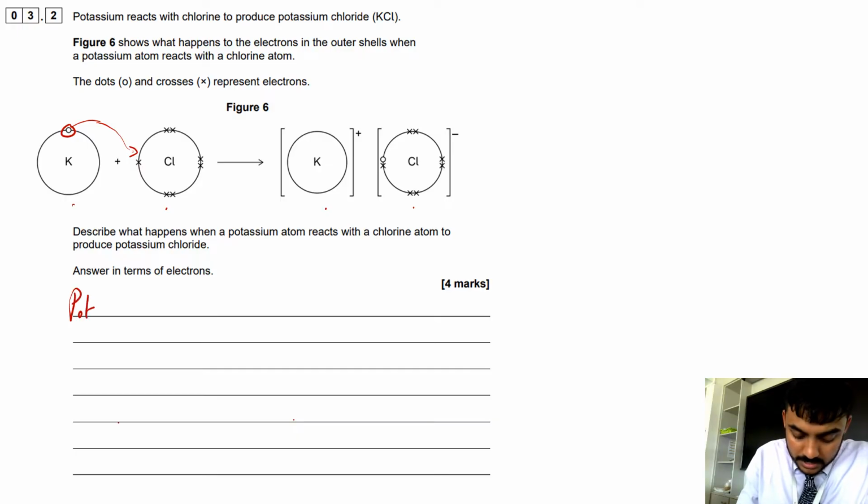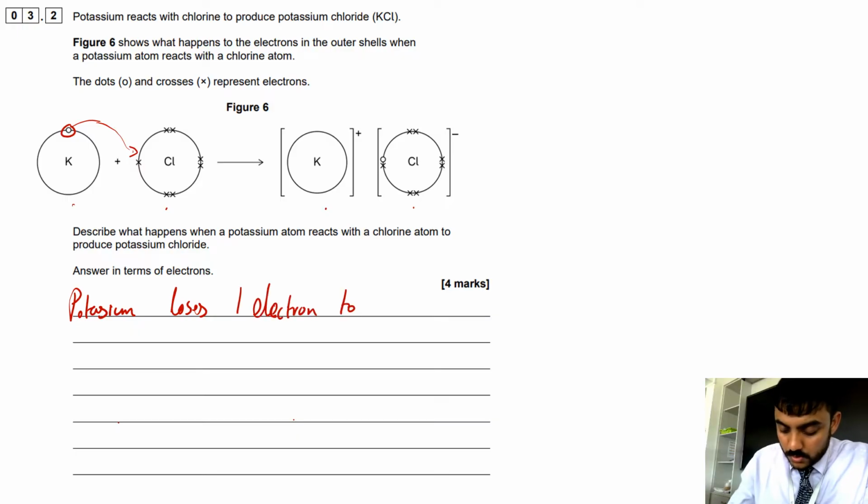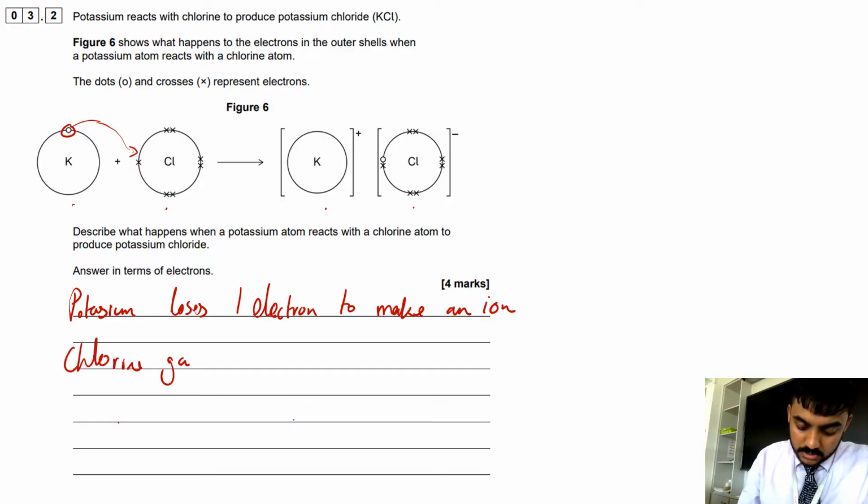So we say potassium loses one electron to make an ion. Chlorine gains one electron to make an ion.